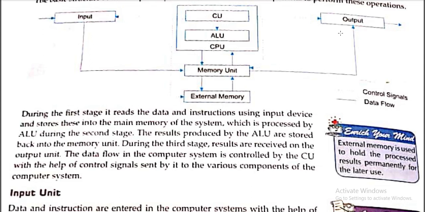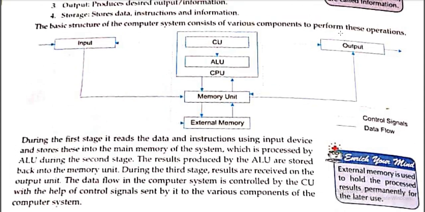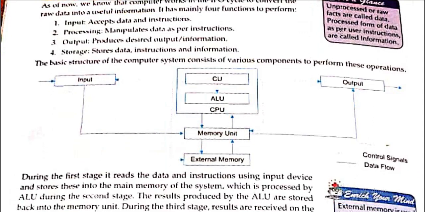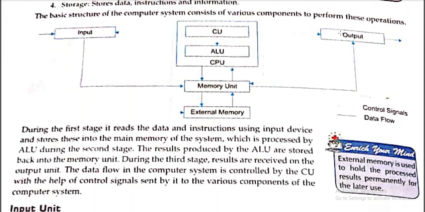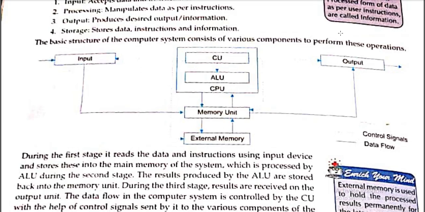So this is the complete structure of the computer, how a computer does its functions. These are the control signals and data flow. The data flow means in this way the data goes.